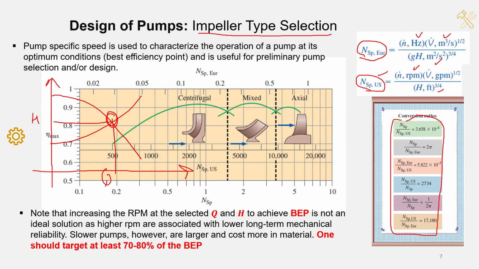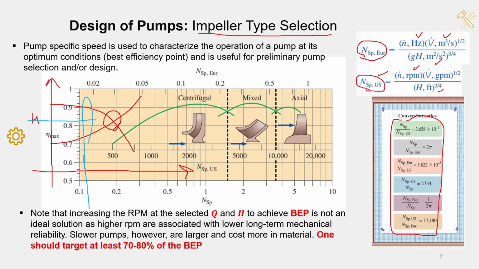Or let me put it this way actually. Say that you are working at this point. This is the best efficiency, right? And then you are in this range, for example here you are working at this flow rate and at this head.